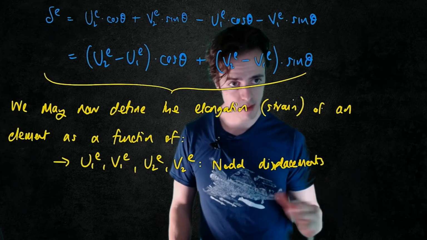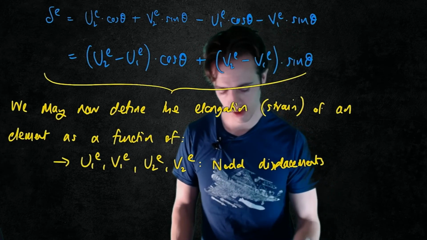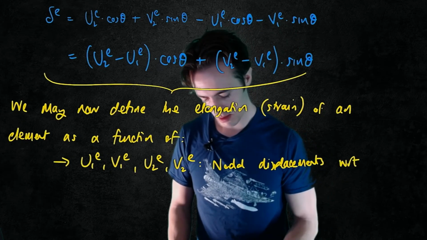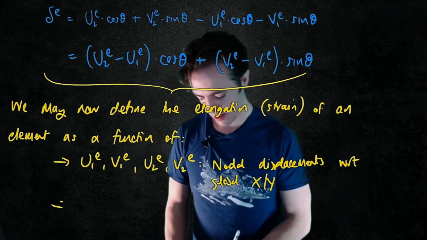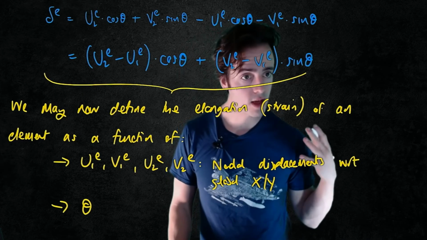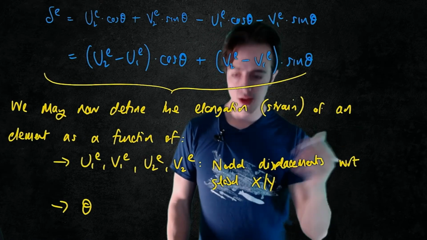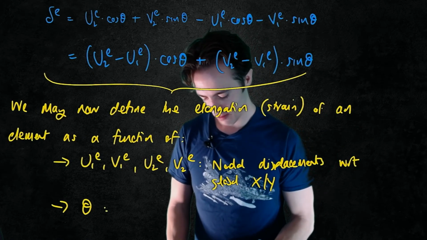So these are nodal displacements, with respect to global x, y. And then the other thing we need is simply theta, and that's just the orientation of that given element.